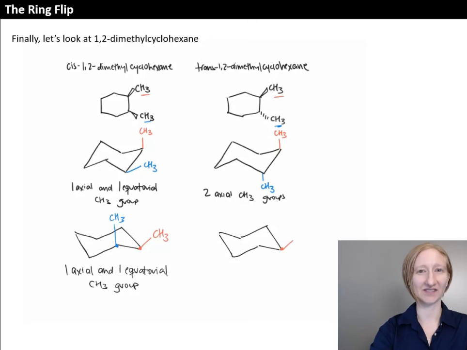In the trans disubstituted case, however, the second conformation has both methyl groups in the equatorial position. This is the conformation with the least diaxial strain because we don't have a methyl group in an axial position. And so this conformation will be the lowest in energy between the two.